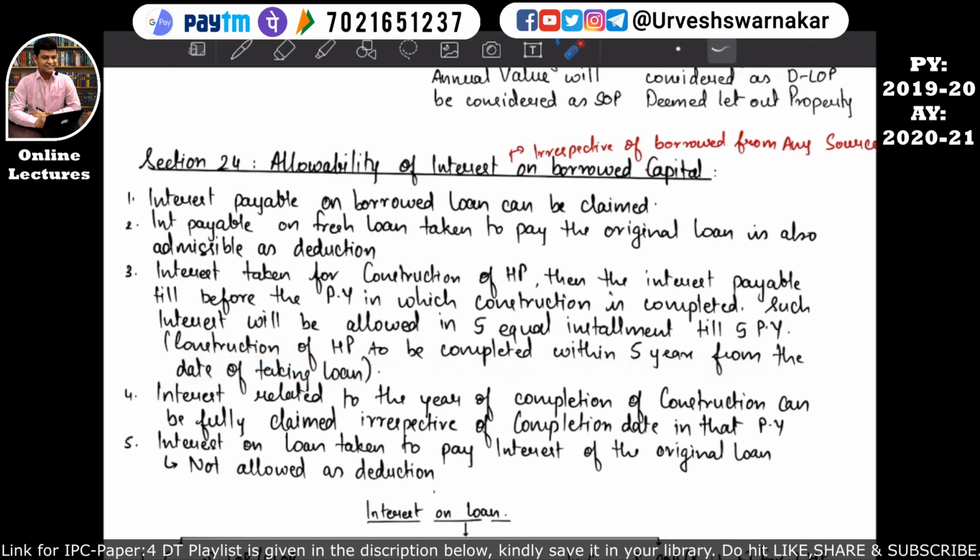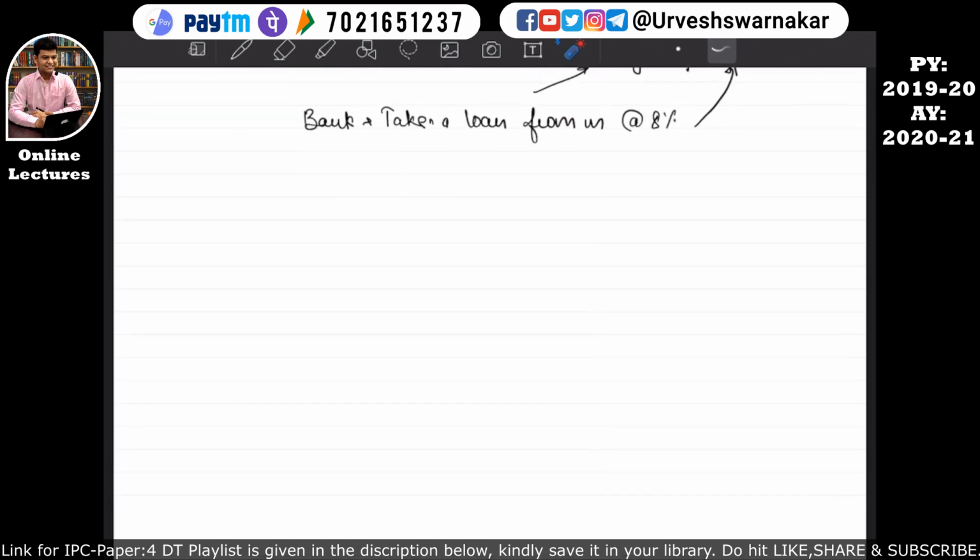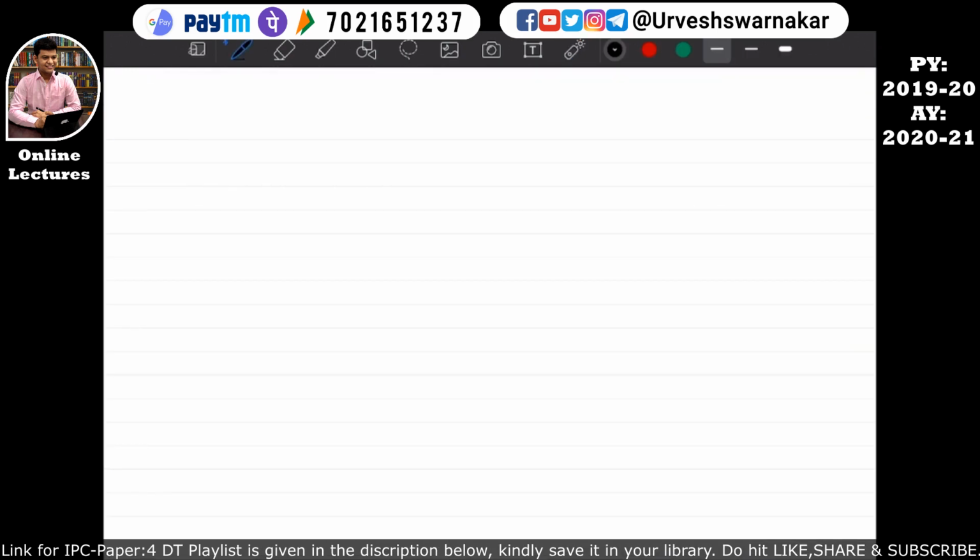So you all might not have understood anything from this point number 3. So again, let's come back over here. Let's take a new page. Point number 3 is trying to say that if an assessee has taken a loan for construction of house property, you might be aware that construction of a house property takes a period of more than 1 year.